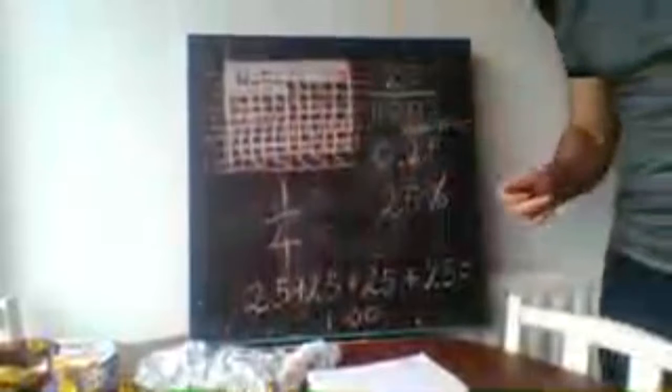So just checked that is correct. So 1/4 is equivalent to 25%, 0.25, and 25 over 100.